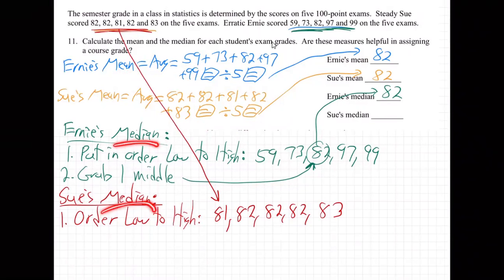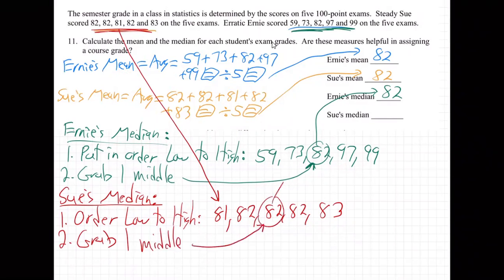You have to put them in order from low to high. Ernie's were already in the right order, but Sue's, we had to reorder them. And then step 2, you grab the one in the middle. Which one's in the middle? 82. Another 82. What a surprise!